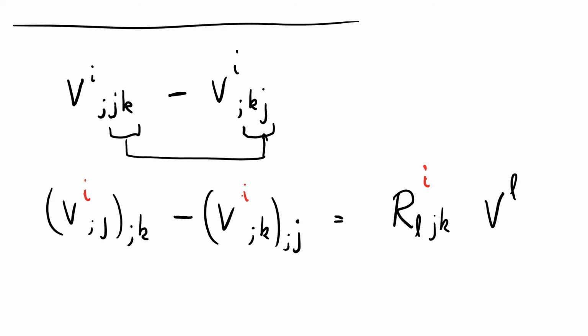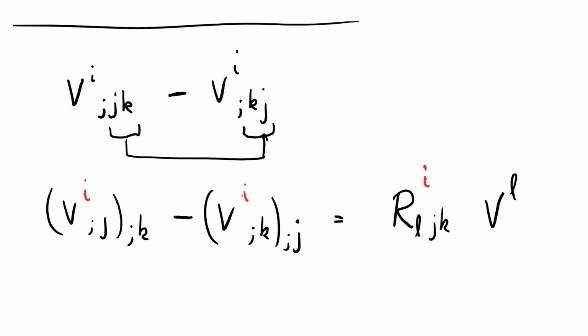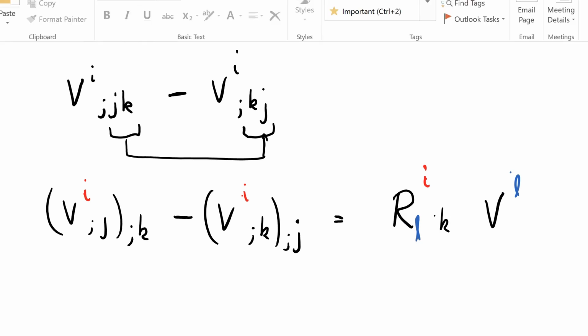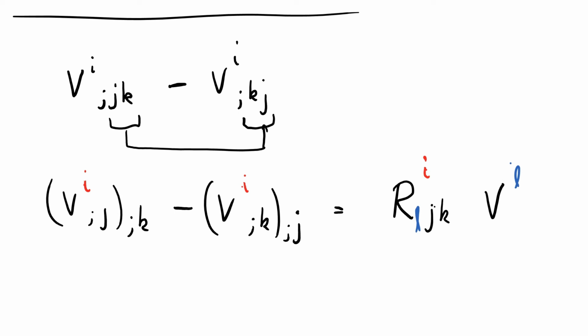The reason I paused, the reason I was getting confused, is that there's no l, and that one should be a j there. I guess I'll replace that with a black there. There's no reason for it to be that way around. I could have contracted on the third covariant index, but I'm trying to be consistent here. Different people do it different ways, and of course there's a sign error here.